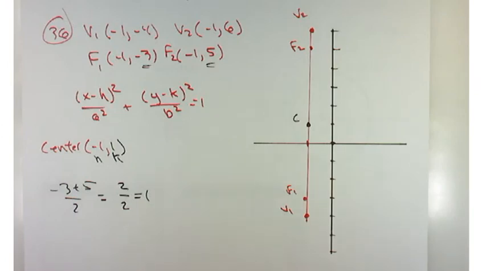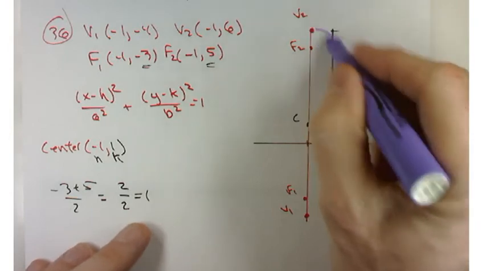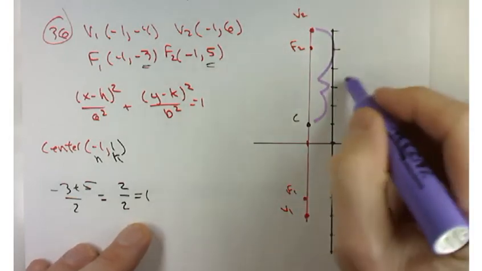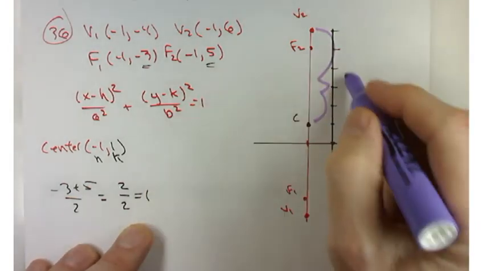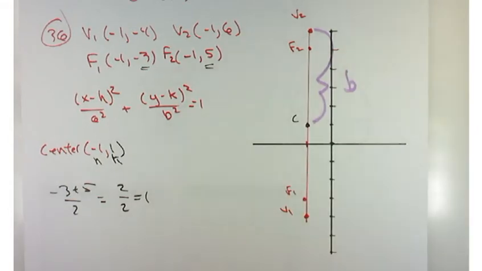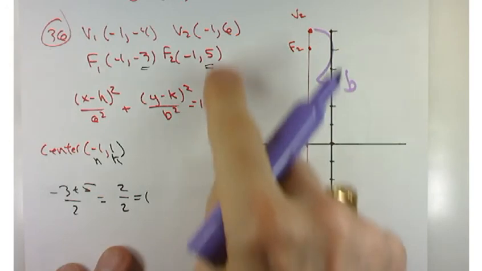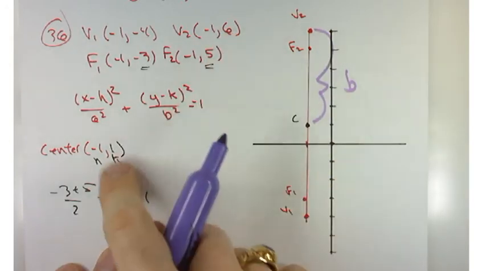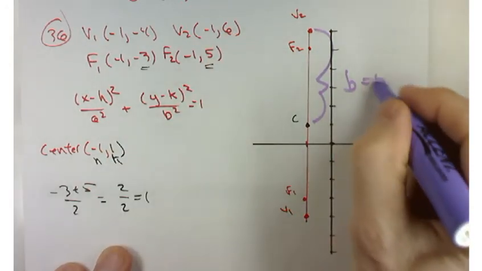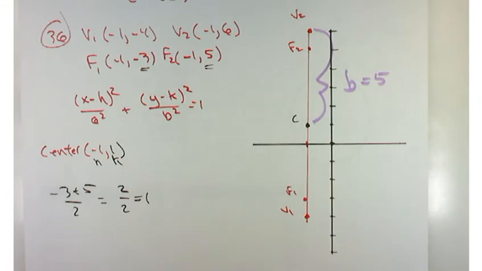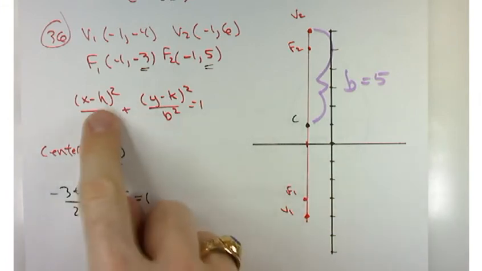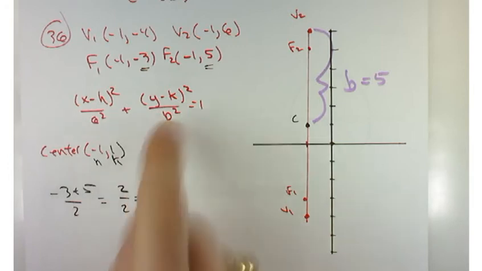Let me help out a little bit. That distance there is b. It's the distance from the center to your vertex in the y direction. So what's b equal? Well, 6 minus 1 would be 5. So far we've got h, k, and b.